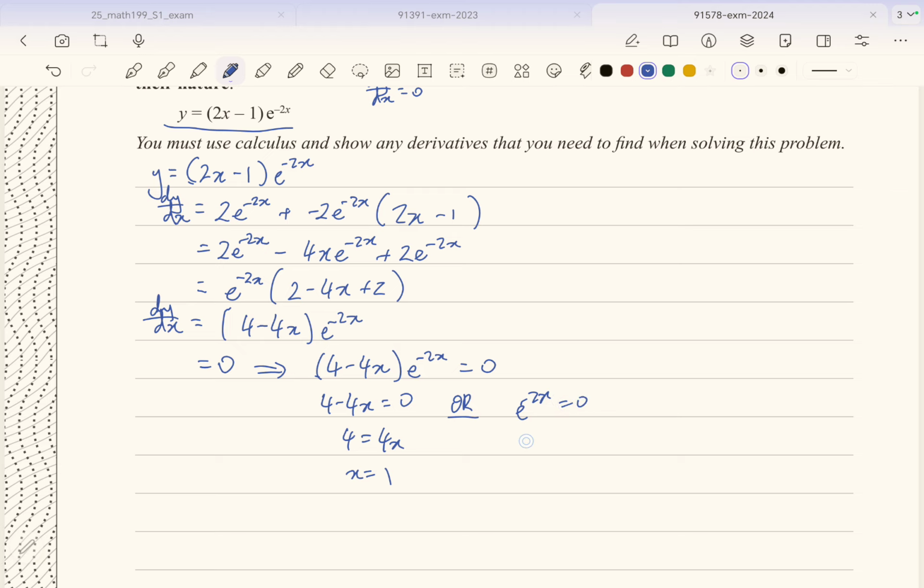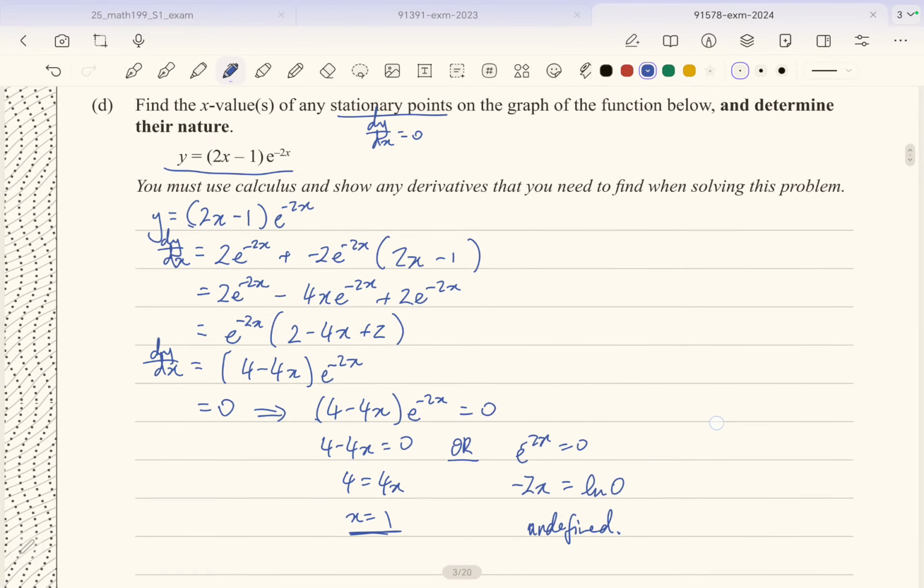But if we take ln on both sides, we get negative 2x equals ln of 0. That's undefined. Natural log cannot take 0 or negatives, so our only solution is x equals 1 as our stationary point.